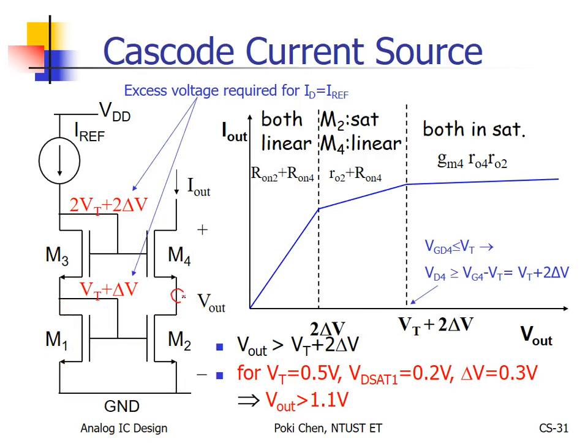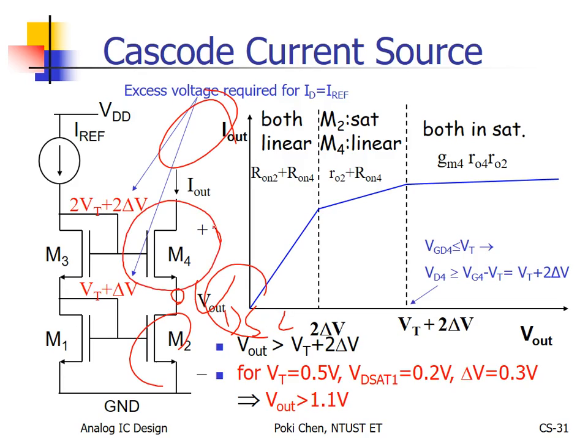They help you to isolate VDS2 from the output voltage. 100% of the voltage difference is absorbed by M4. M4 sacrifices itself to be the buffer zone to keep you live happily since after M1 and M2. Wow, they can be exactly the same.